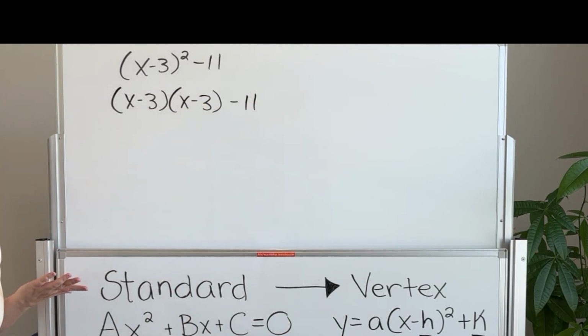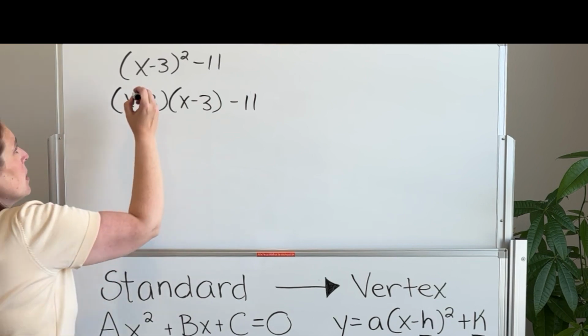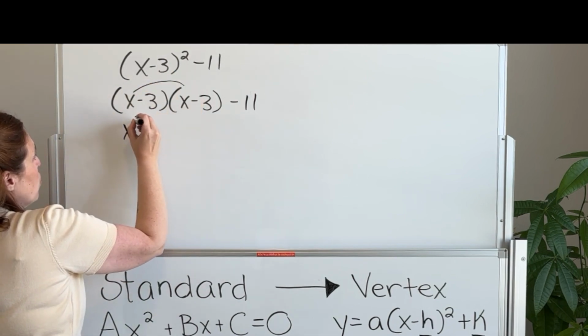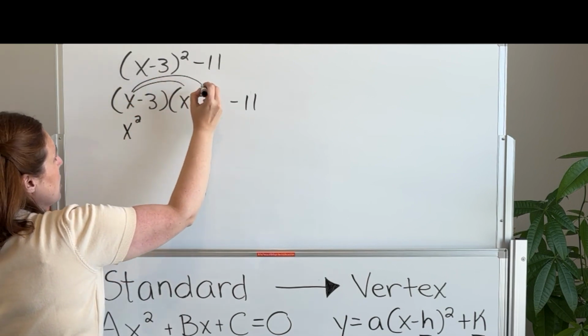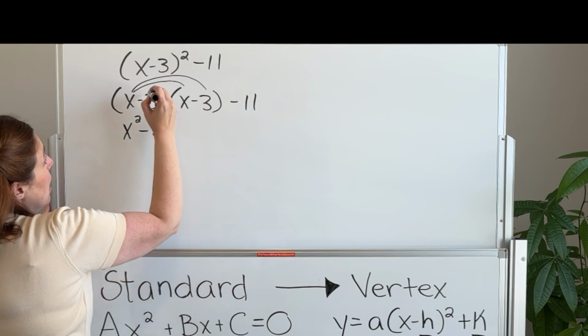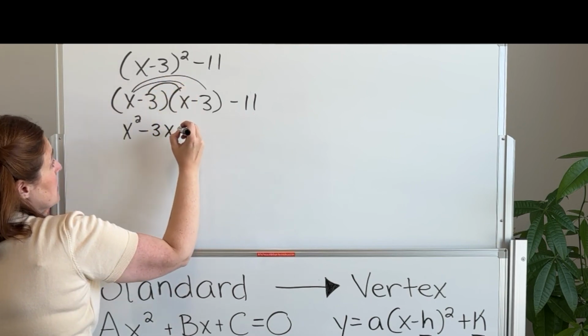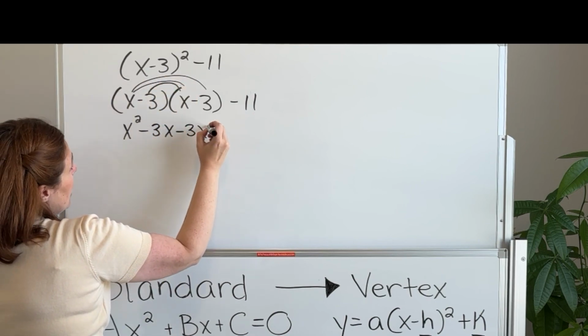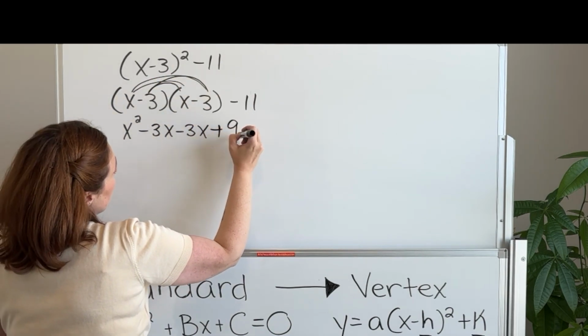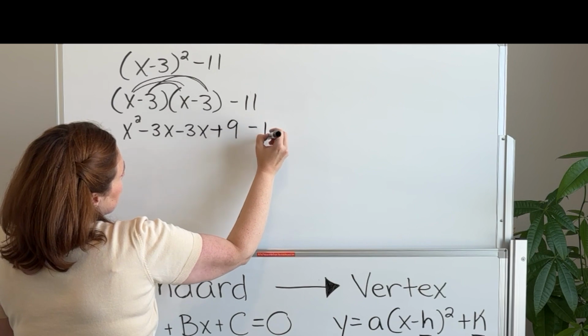And then, you guessed it, we just FOIL this out. So x times x is x squared. x times negative 3 is negative 3x. And this negative 3 times x is another negative 3x. And negative 3 times negative 3 is positive 9, minus 11.